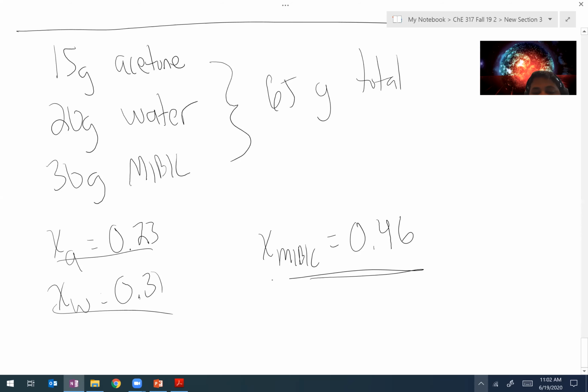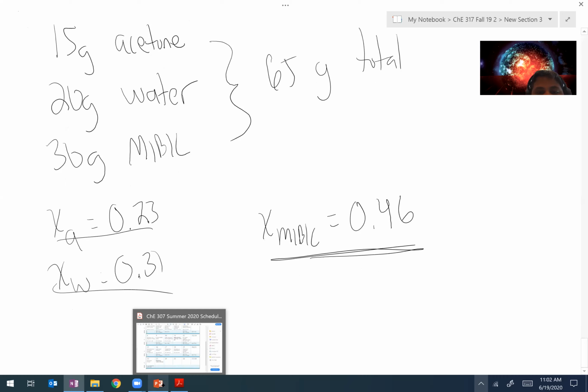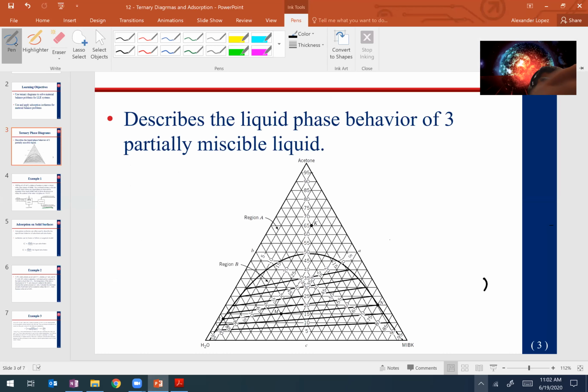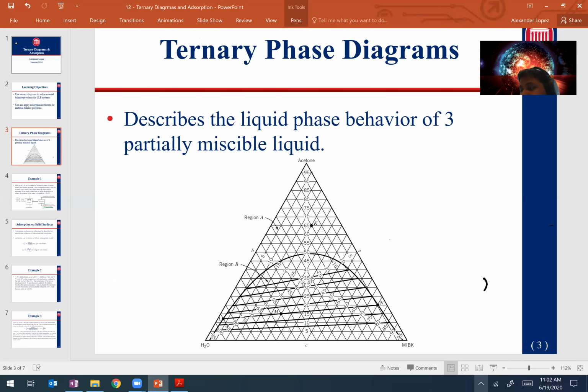So with these mass fractions in mind for that example, if I go back to the diagram, I had 23% acetone, 31% water, and 46% MIBK. So let's see, 23% acetone somewhere here, 31% water is going to be about here, which is right around 46%.